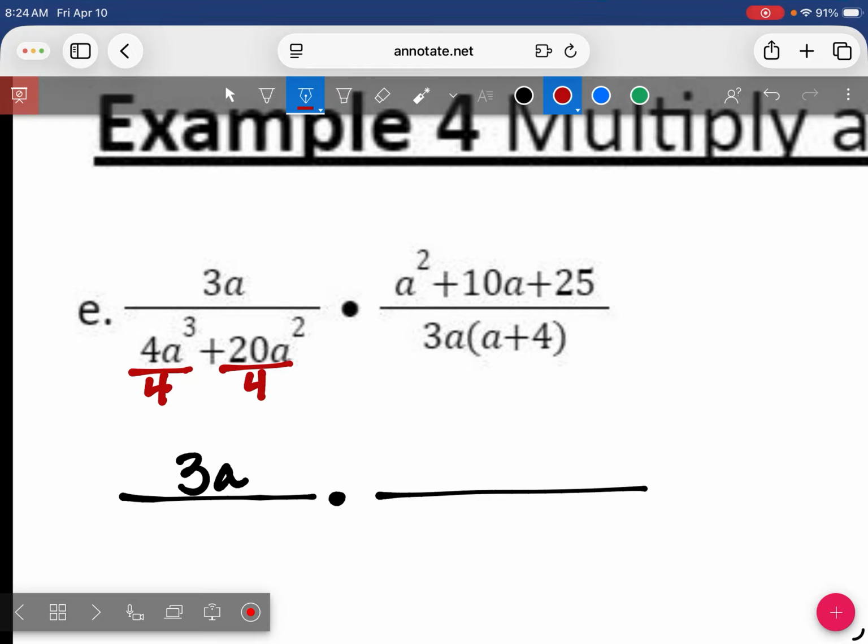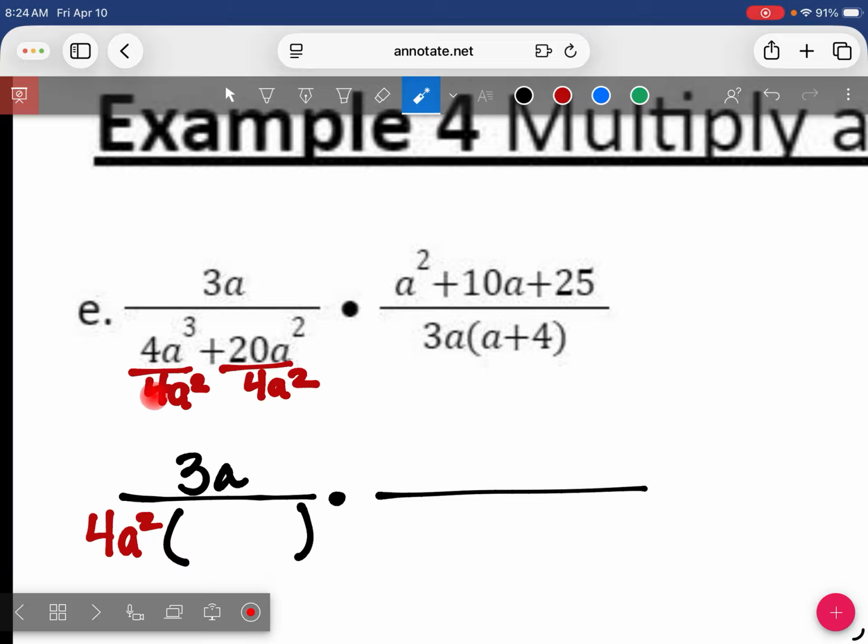And now we need to figure out how many a's I can take out. The first one has 3. The second one has 2. So I can't take out more than 2. So I'm taking out a 4a squared. So that's the GCF that's going to be on the outside. And now let's see what's left.